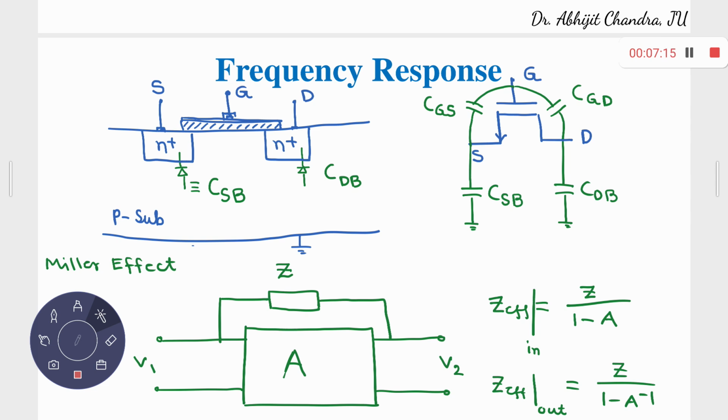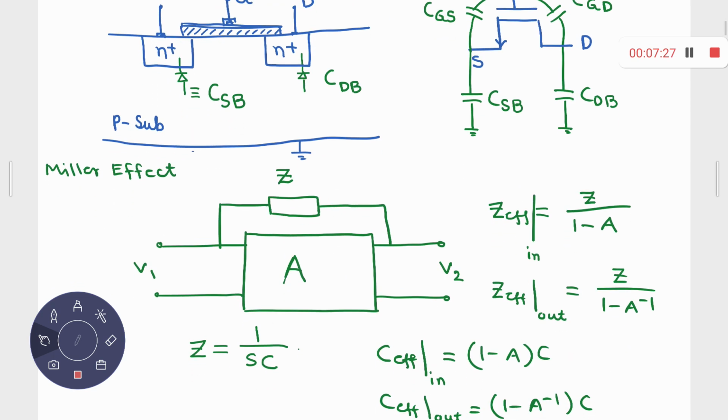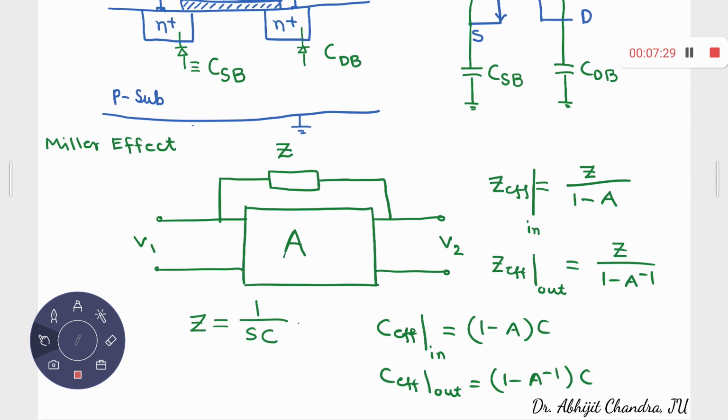That is one way of analyzing this kind of amplifier circuits in the frequency domain, and hopefully that part we have already discussed in our earlier lectures: the Miller effect. Sometimes some capacitor is connected between the input and the output, which is acting as a feedback element.